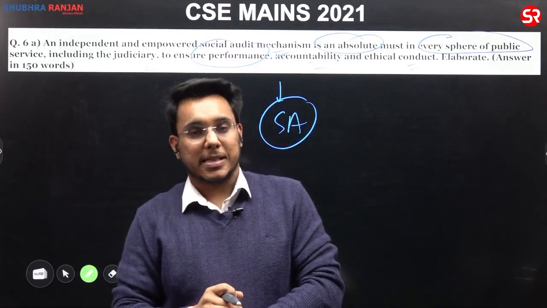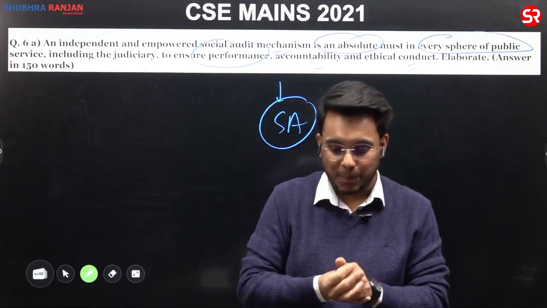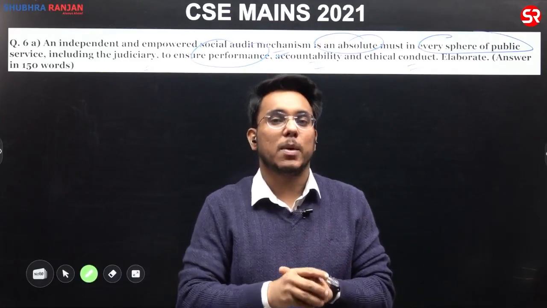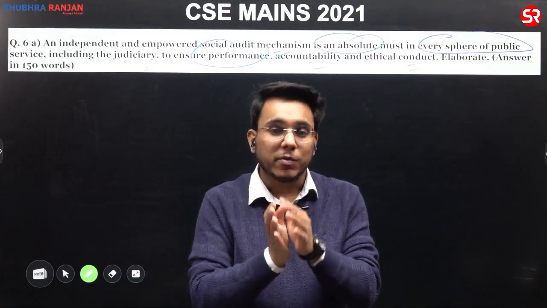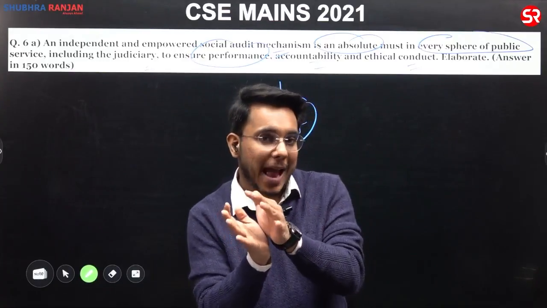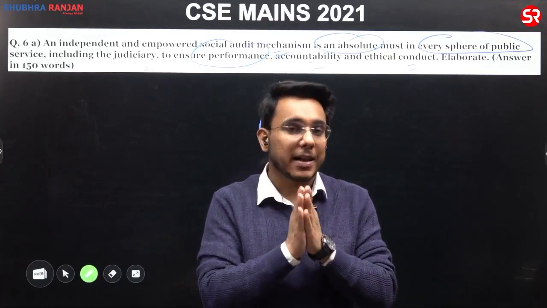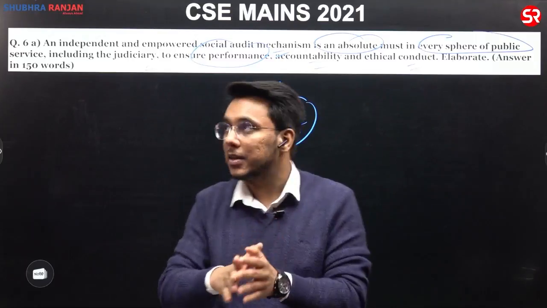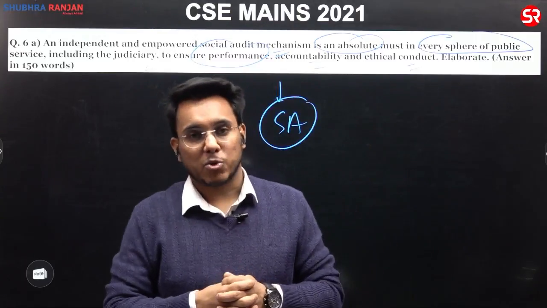The Second ARC 10th report has provided that social audit can be one of the most powerful tools to remove the accountability deficit as well as the democracy deficit. So to remove the democracy deficit and accountability deficit, social audit could be a very powerful tool. What do we mean by social audit?